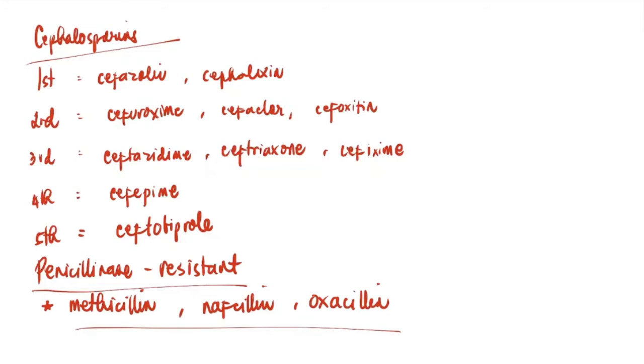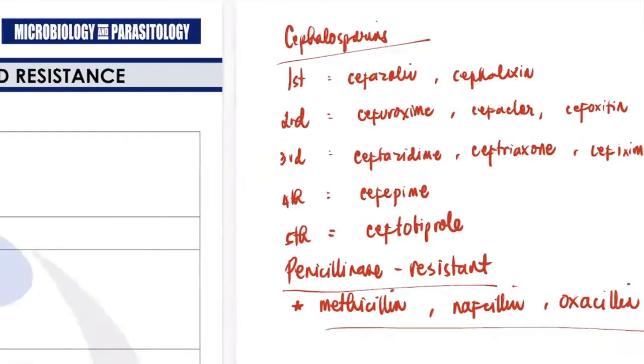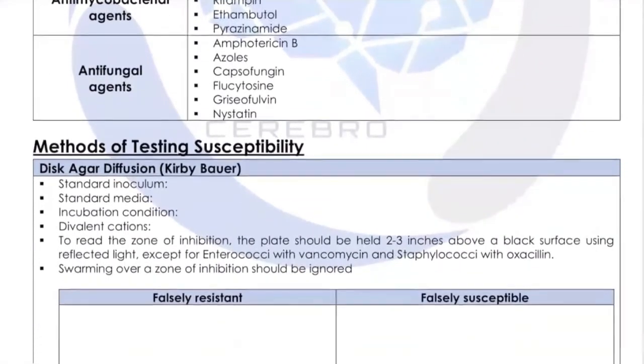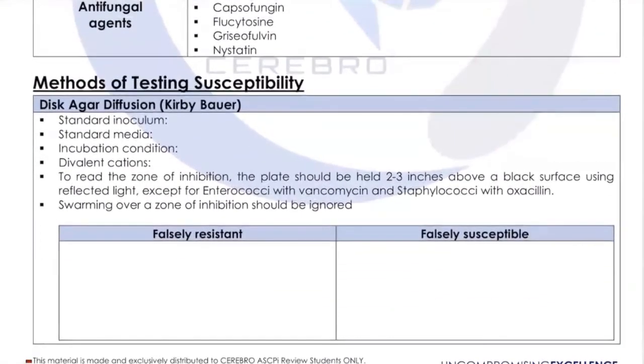Okay. Next, let's go to the different methods of susceptibility testing. So first, we have the disc agar diffusion, or mas kilala natin to sa tawag na Kirby-Bauer diffusion technique. So take note of these parameters. Natatandaan natin, we have the standard inoculum.